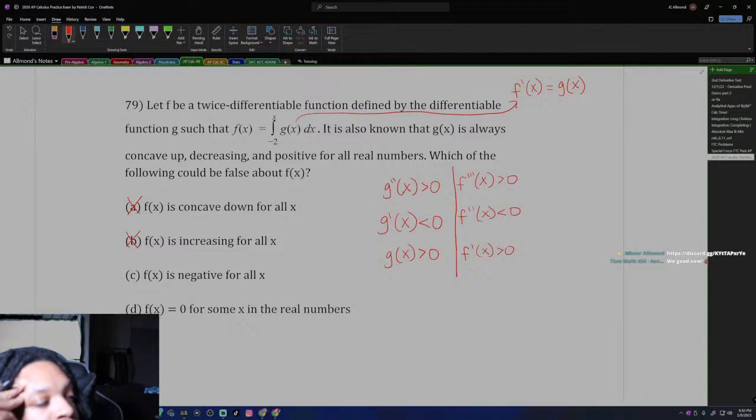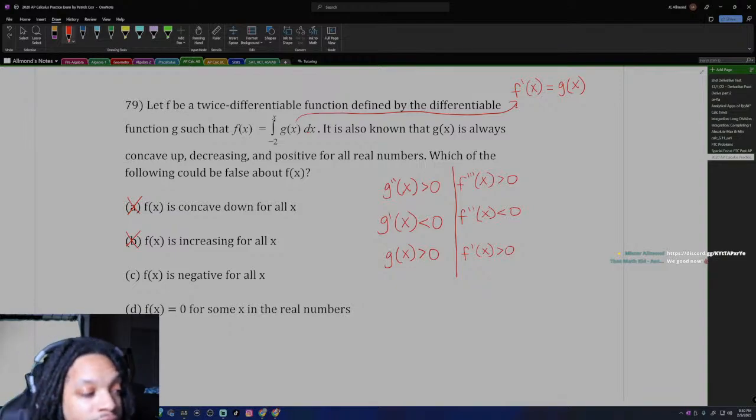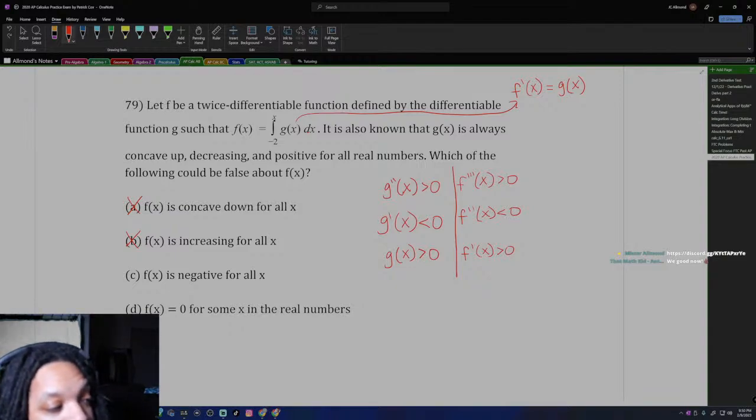F of x equals 0. Oh. I think it's C. I think it's C because let me explain why.